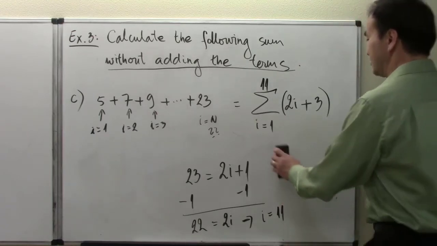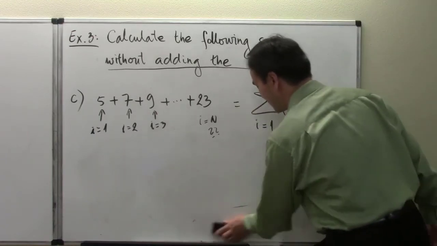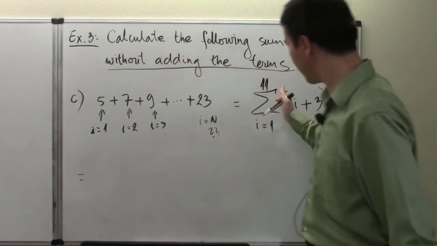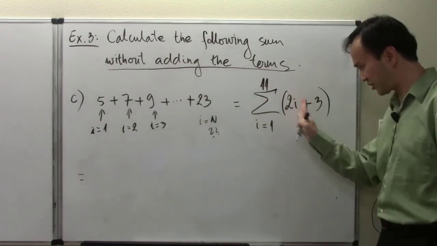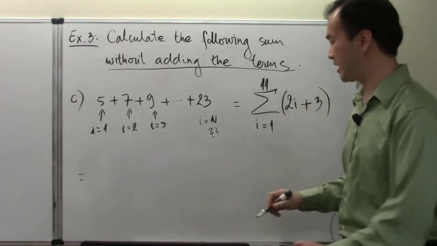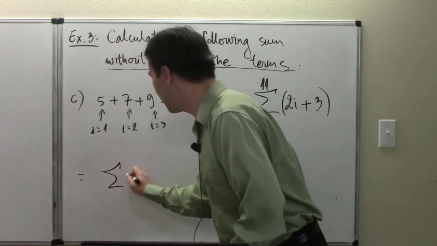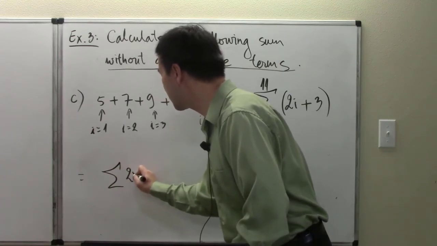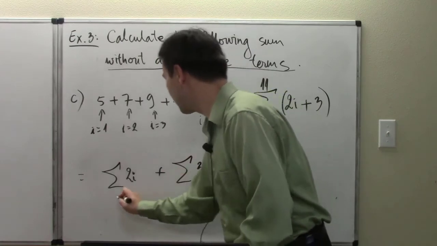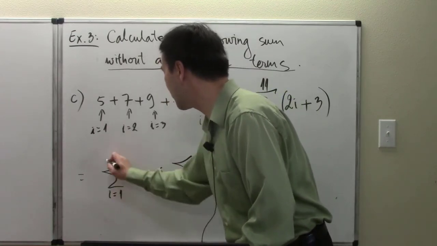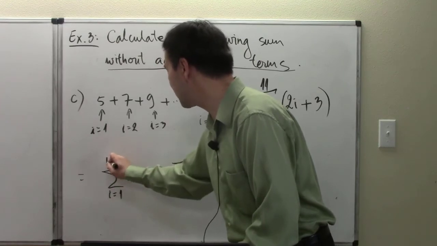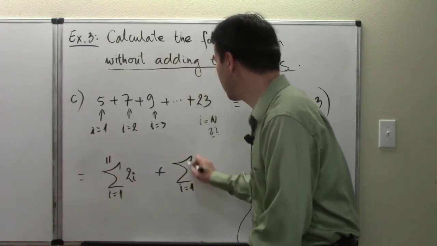Now with all of that extra work, we are ready. Each term here is a sum of two other subterms. So we can break it down as the summation of 2i plus the summation of 3, with i running from 1 to 11.